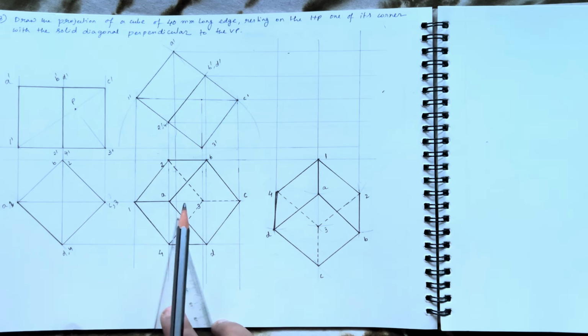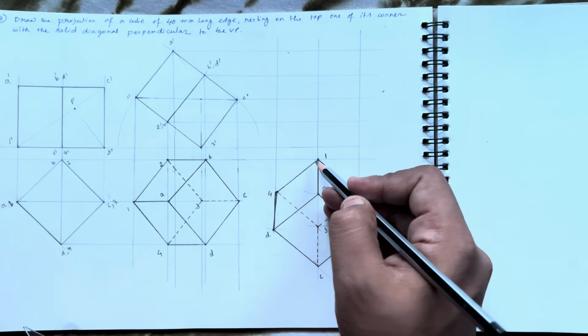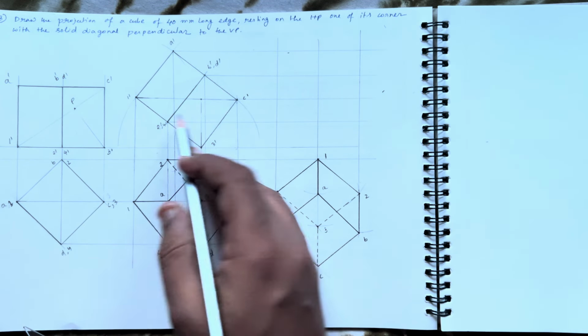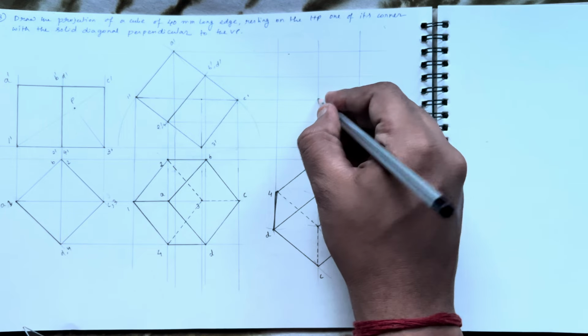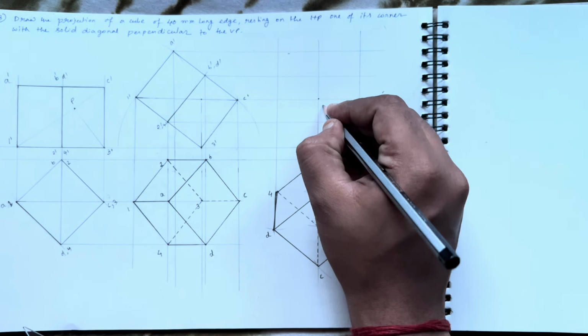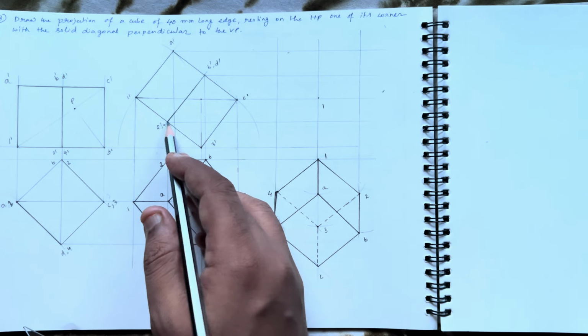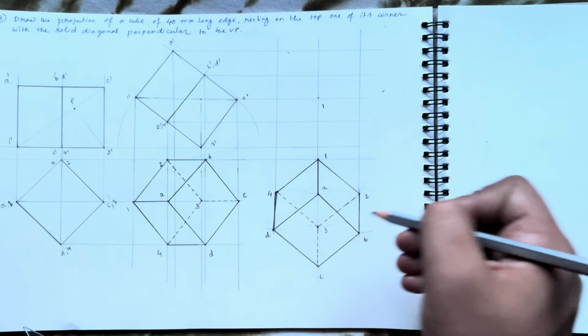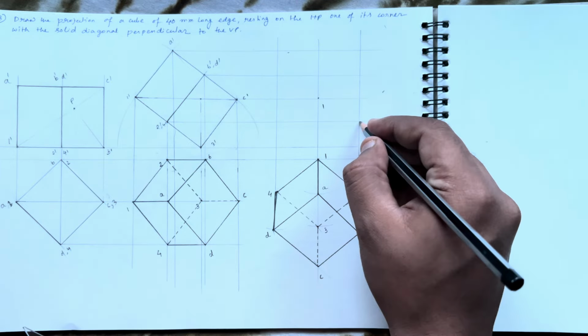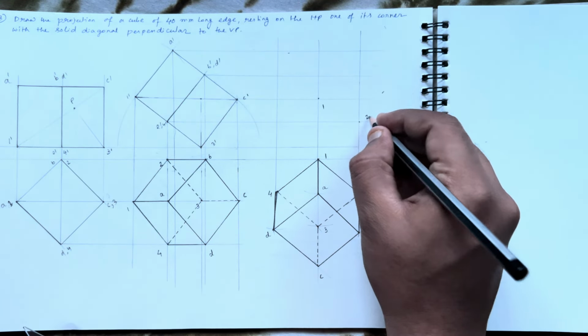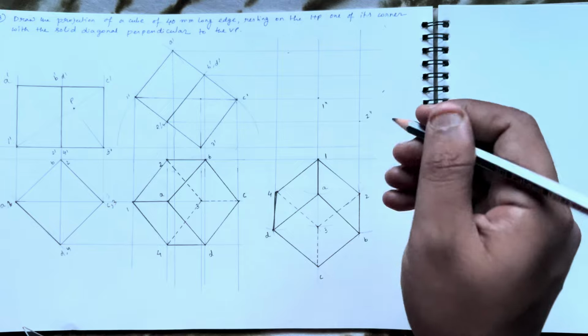So now point it out. This is your one, and this one is your one. This is your two and four. So two is here. Make it double dash: one double dash, two double dash.